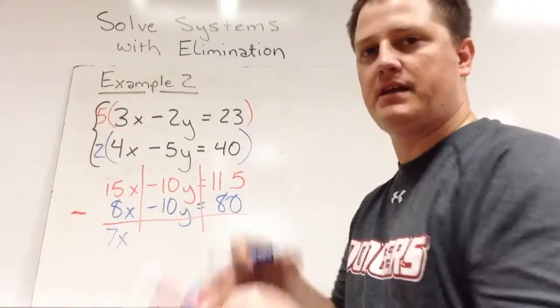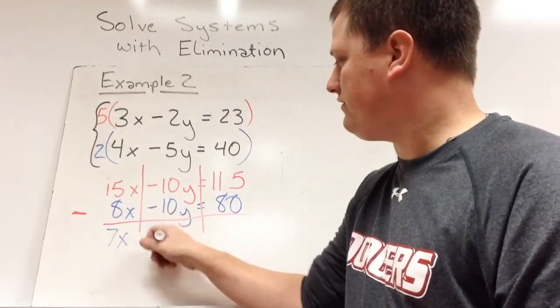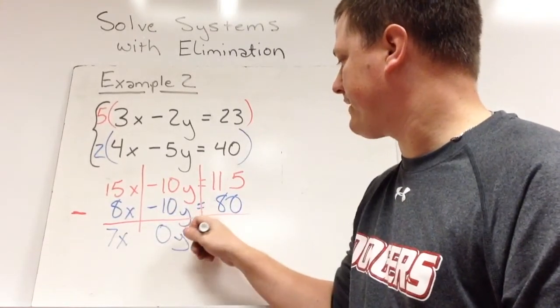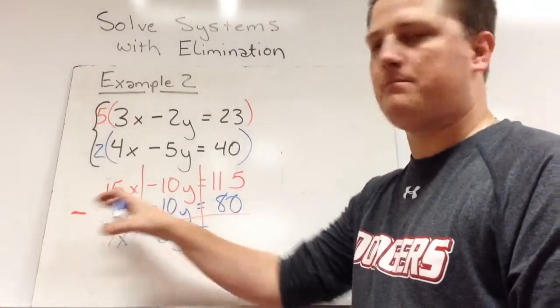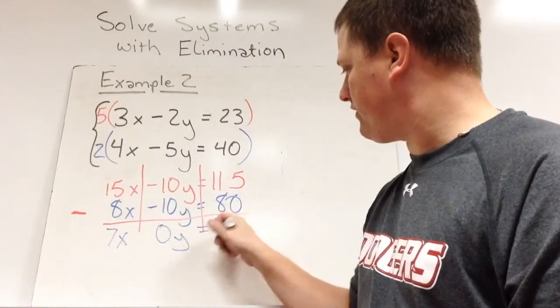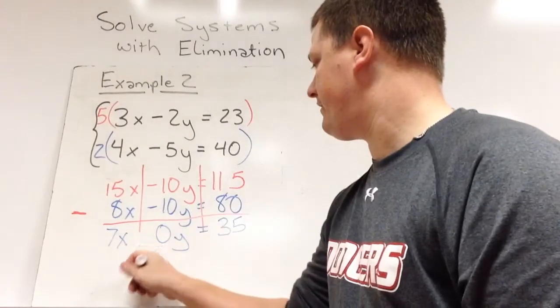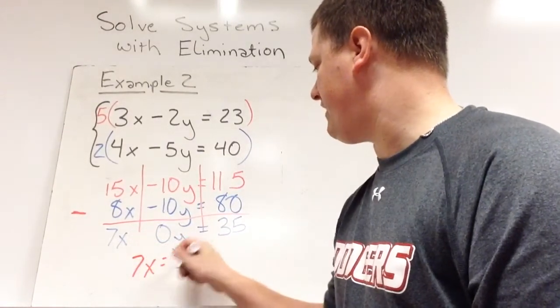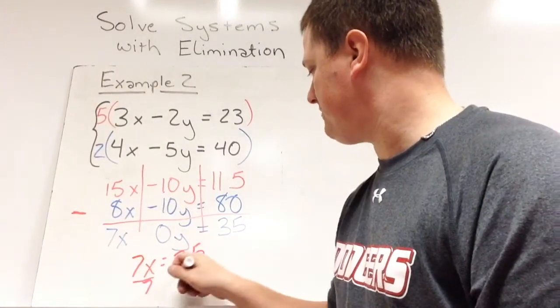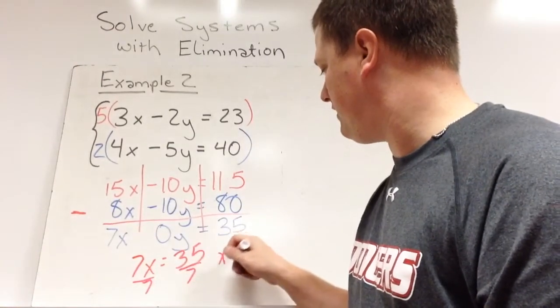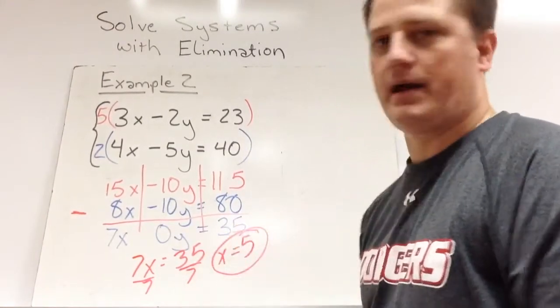Well, minusing a negative is adding, so this is 0y. And we've got 115 minus 80, which is 35. So I'm going to rewrite our equation. 7x equals 35. Divide by 7. X is 5. So we got our x of 5.